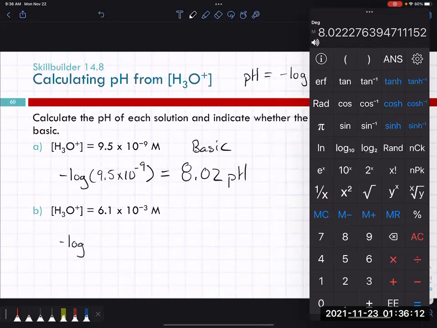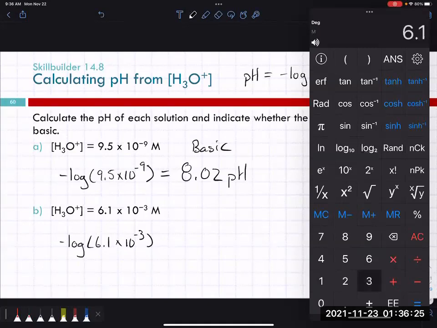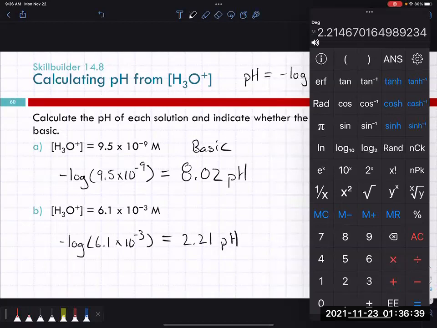For this next one, again, it's just the negative log, 6.1 times 10 to the negative 3. So 6.1 e to the negative 3, log base 10, times negative 1. So 2.21 will be your pH.